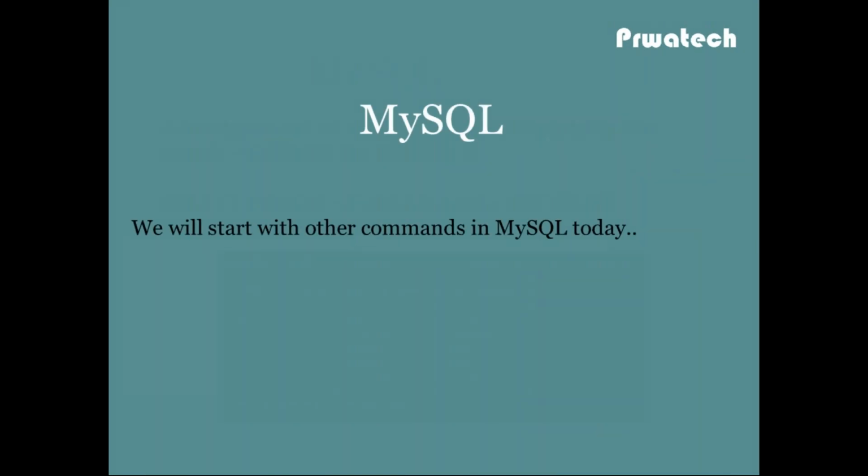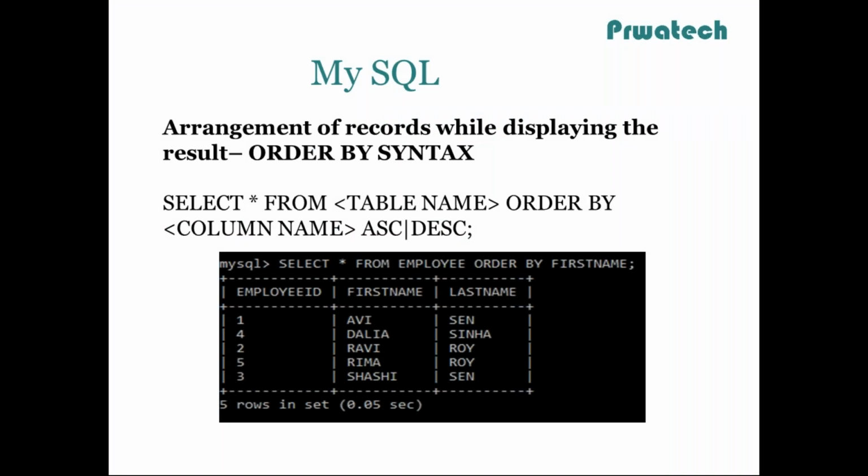with the practical. Now see, yesterday we had learned this order by syntax for rearrangement of the records accordingly, either by ascending or the descending order. So what was the command? Select star from table name, then order by column name. Okay, so we would write it here.